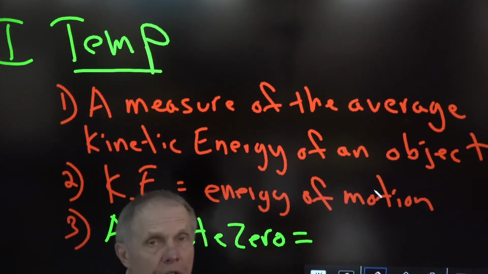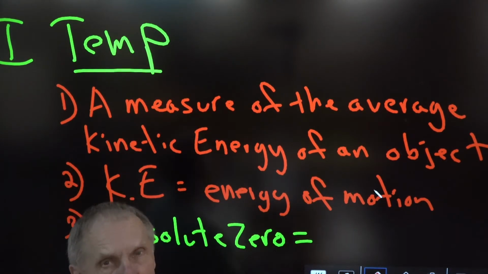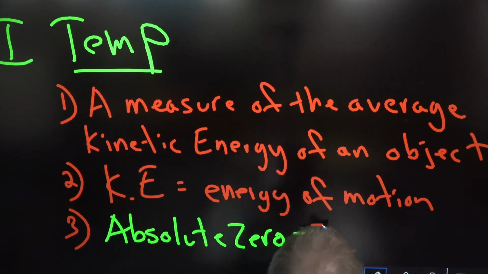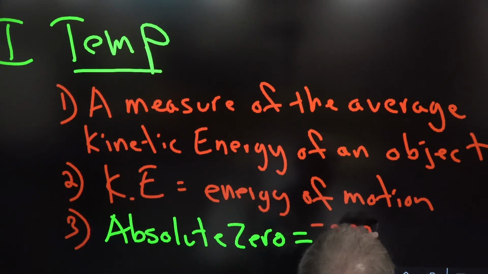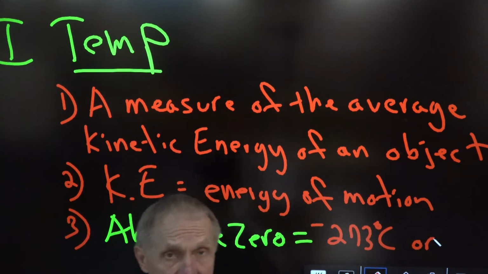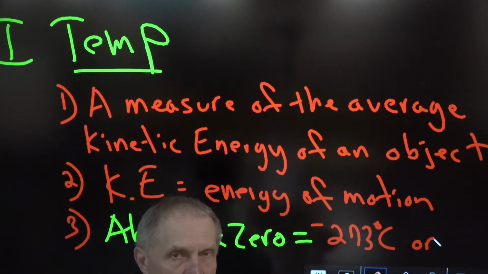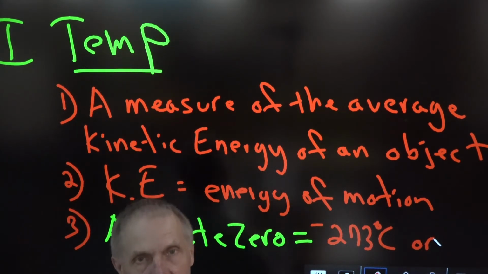And absolute zero can be expressed in two ways. It's negative 273 degrees centigrade, negative 273 degrees C, or for the gas laws, we can't use centigrade, we must use Kelvin. And remember, it's not degrees Kelvin, it's just plain Kelvin.